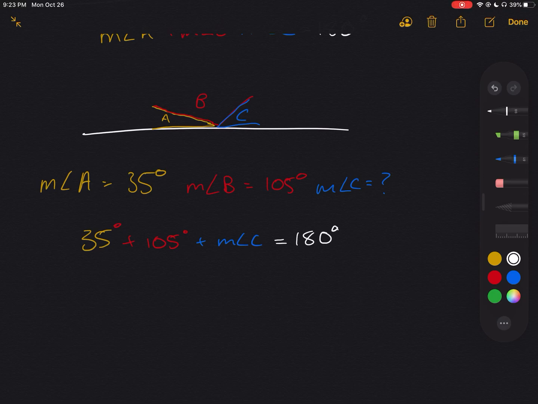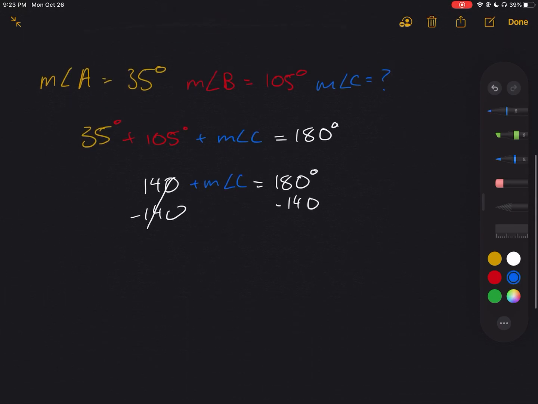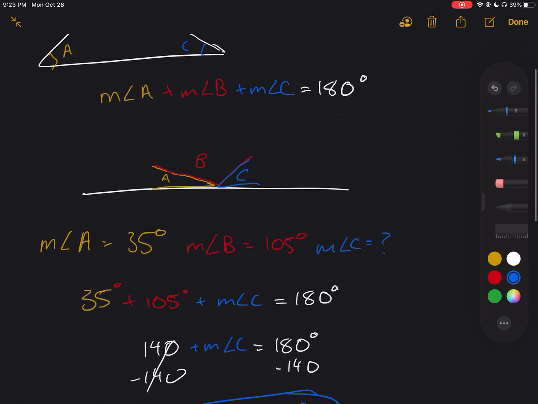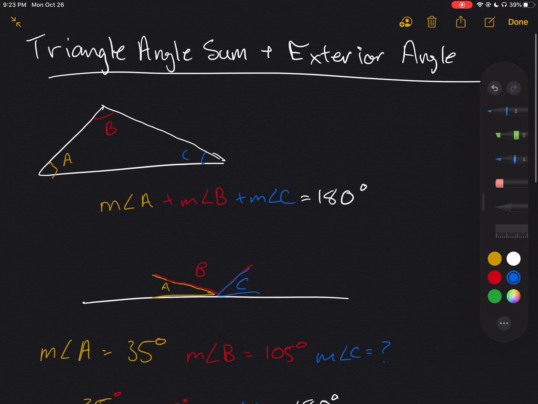So that's 140 plus the measure of angle C equals 180, and then I could subtract 140 from both sides and find that the measure of angle C is 40 degrees. So that's what the triangle angle sum theorem allows us to do. It allows us to find any missing angle in a triangle.